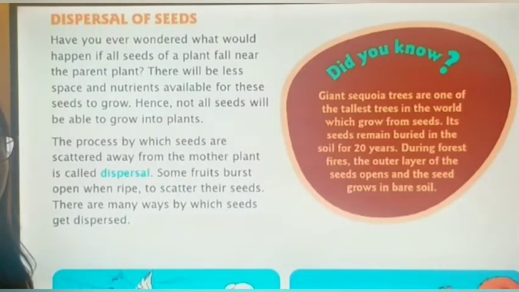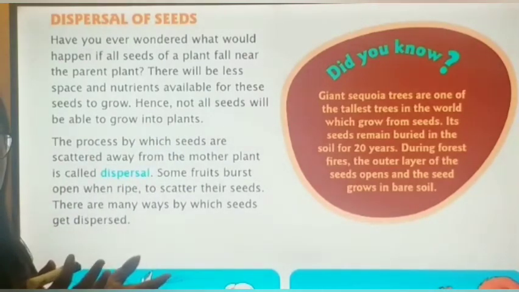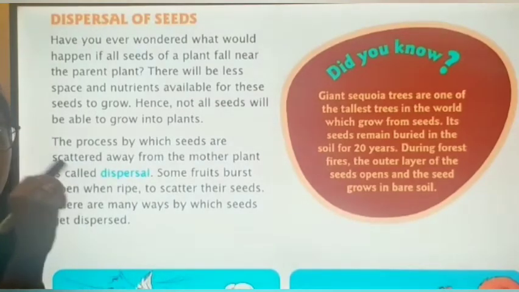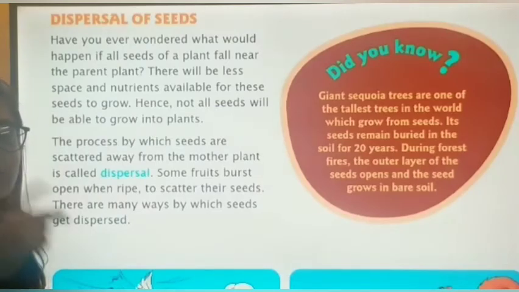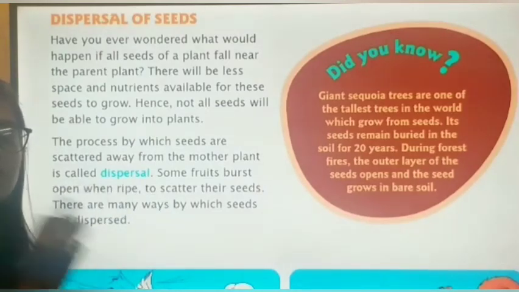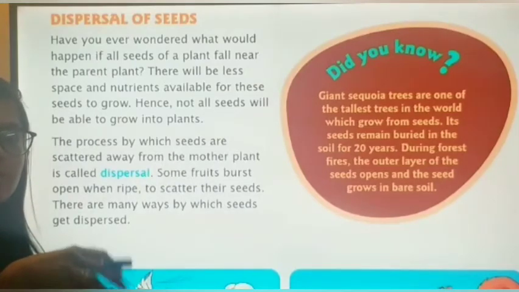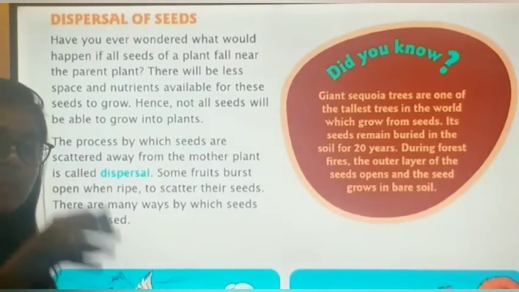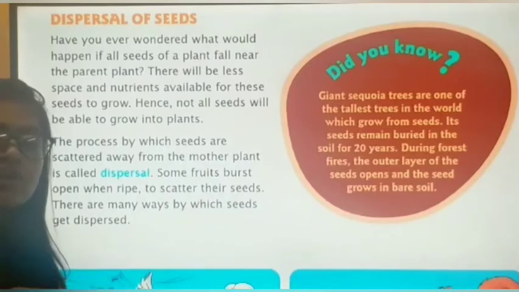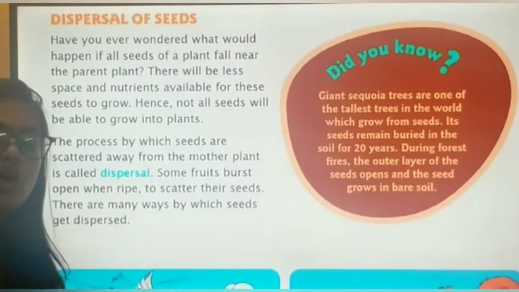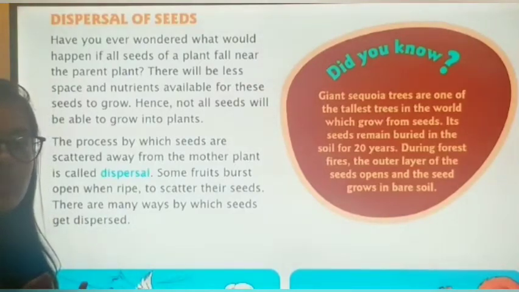So, whenever there is a plant, pollination takes place. That we have seen. So, through dispersal, these plants will be grown at different places, not only at a single place. If plants grow at a single place, all the nutrients from the soil will be absorbed and only certain plants can grow. Not all the plants can grow properly.